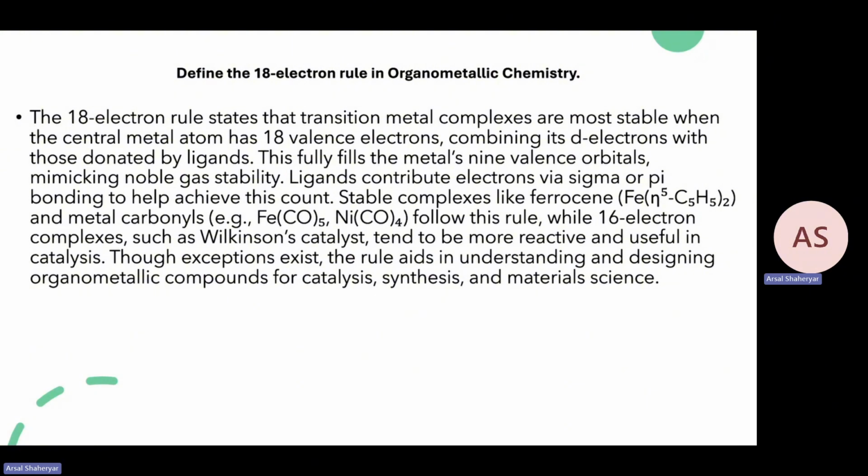Ligands contribute electrons via sigma or pi bonding to help achieve this count. Stable complexes like ferrocene and metal carbonyls follow this rule, while 16 electron complexes, such as Wilkinson's catalyst, tend to be more reactive and useful in catalysis. Though exceptions exist, the rule aids in understanding and designing organometallic compounds for catalysis, synthesis, and materials science.